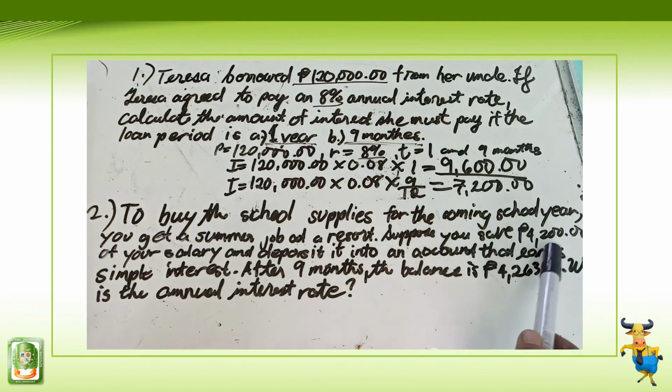Suppose you save 4,200 pesos of your salary and deposit it into an account that earns simple interest after 9 months. So, ilang months? 9 months. The balance is 4,263 pesos. So, ito naging balance mo after 9 months. What is the annual interest rate?